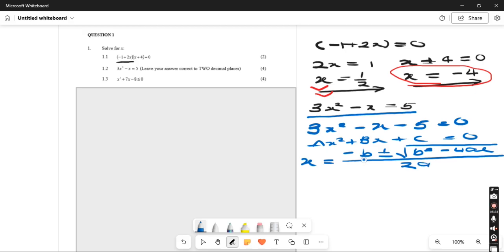From here, you simply replace everything with the right number, minus b. Our b is minus 1. So when you have b which is minus 1, you do it that way. Then plus or minus the root of b again, minus 1, squared minus 4.